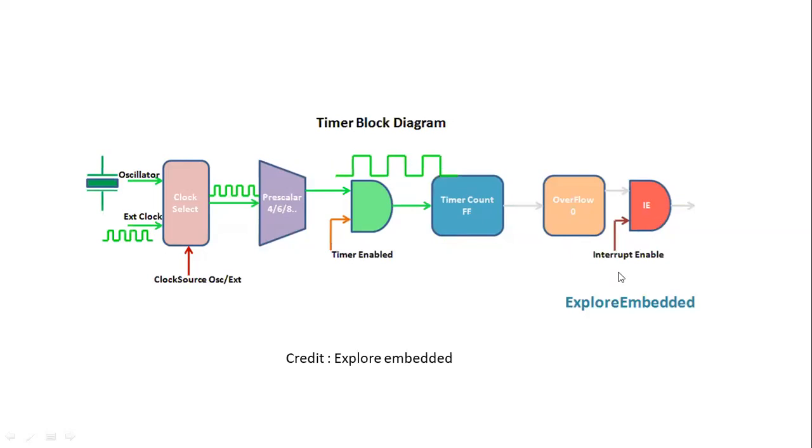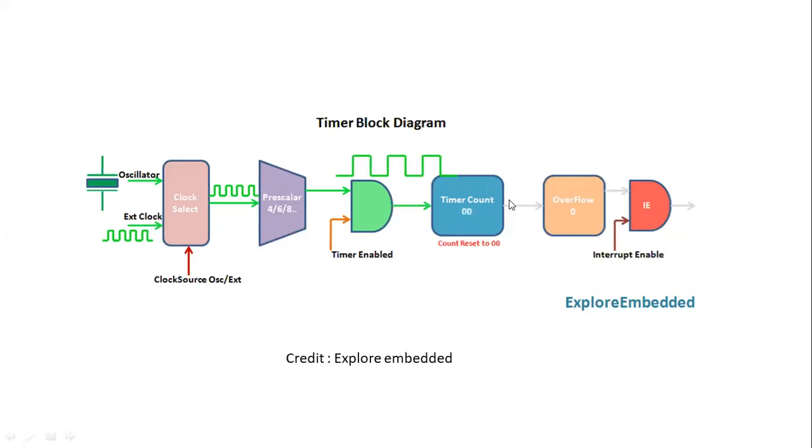And the signal interrupt enable is also made 1, and overflow of the timer is detected by detecting the overflow flag, which is also 1. When both of these are 1, the IE will generate a signal 1, and this signal is nothing but an interrupt signal.